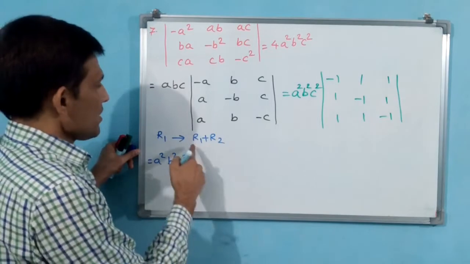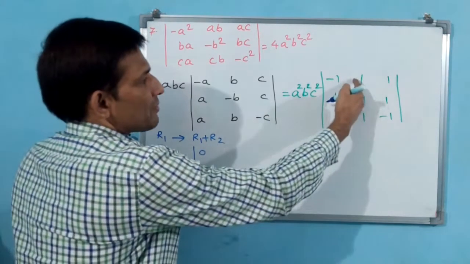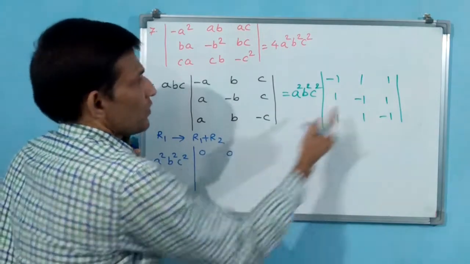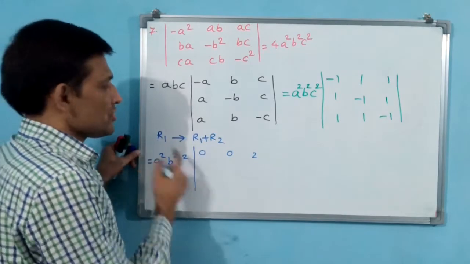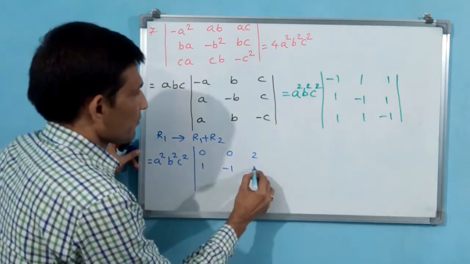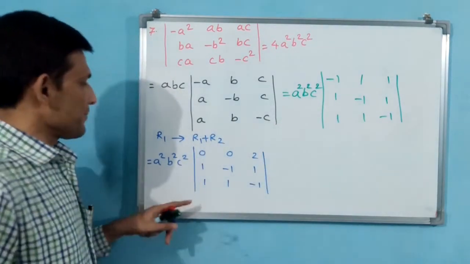But inside, R1 plus R2: minus 1 plus 1, 0; 1 minus 1, 0; 1 plus 1, 2. Only R1 is changing, R2 and R3 are the same. Is it okay?